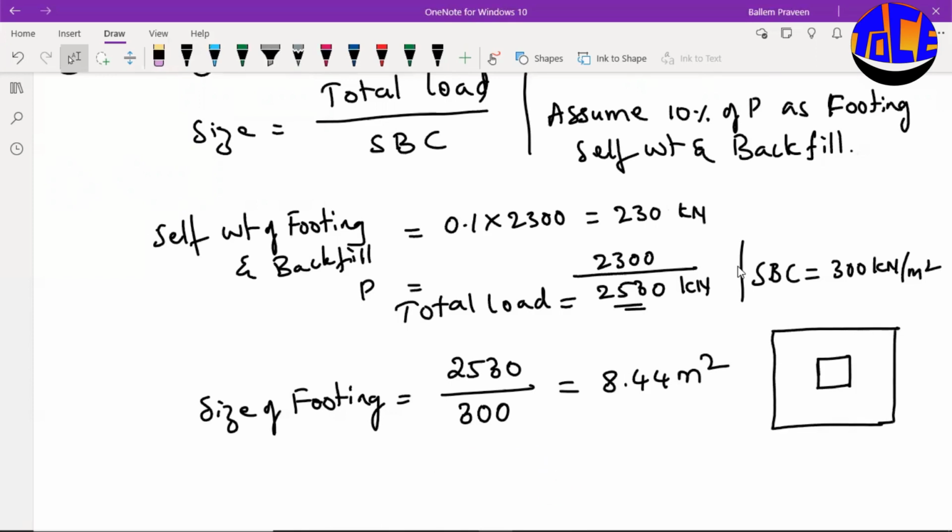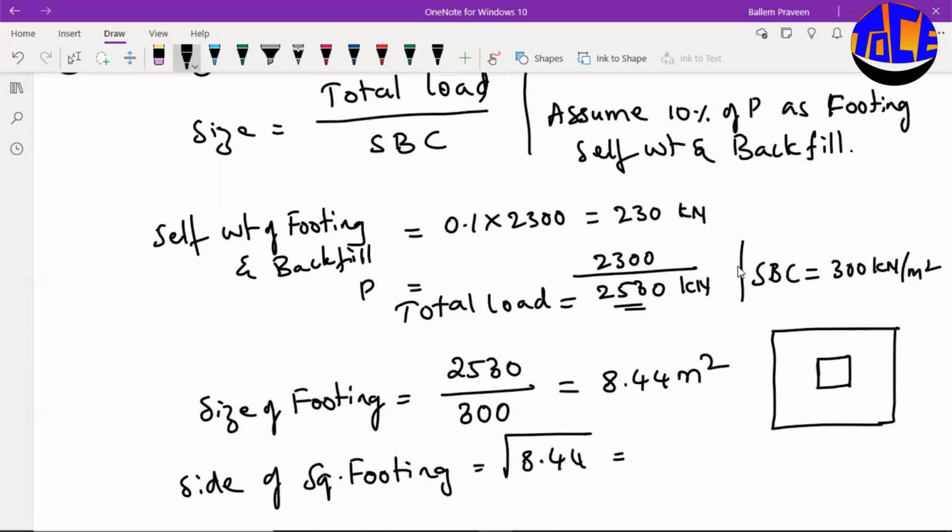So the side of the square footing will be under root 8.44, which is around 2.9 meters. So let us provide 3 meters as the side of the square.